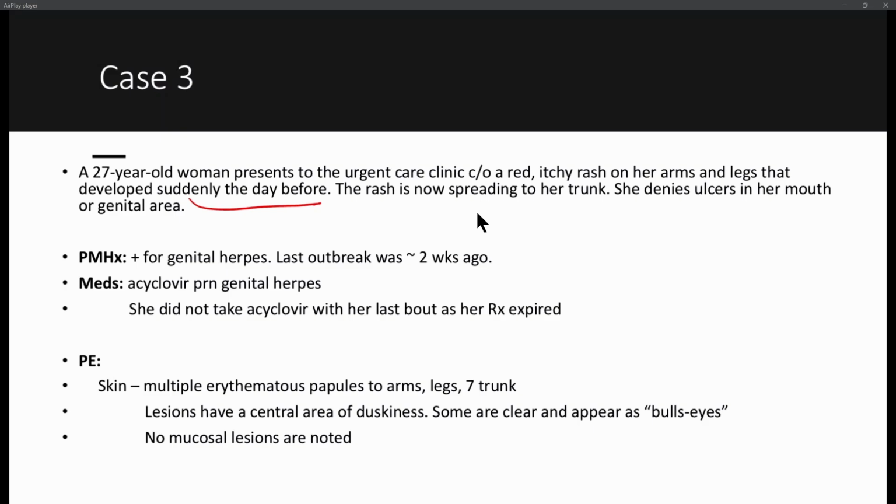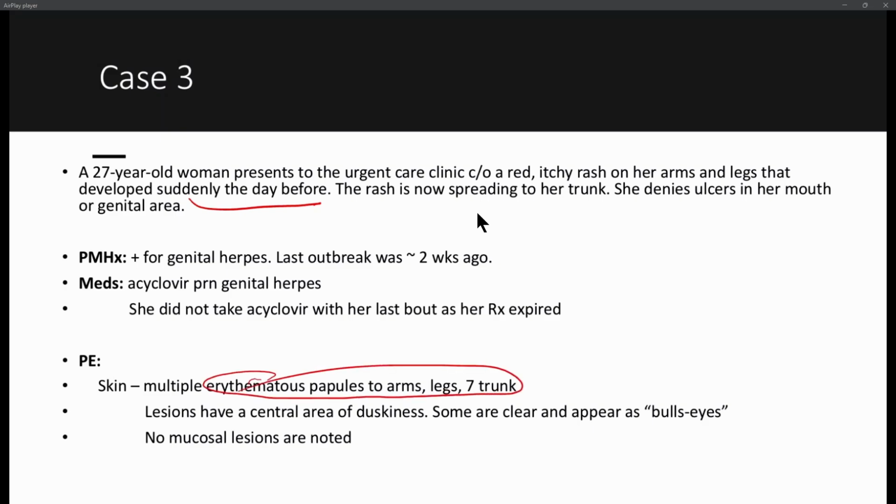Okay. She has a past medical history for genital herpes. Last outbreak was 2 weeks ago. Meds, she's on acyclovir for the herpes. She did not take her acyclovir with her last bout as her prescription was expired. Physical exam: multiple erythematous plaques to the arms, legs, shoulders and trunk.